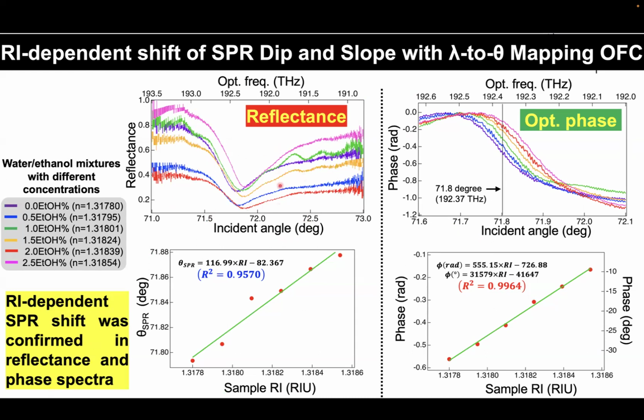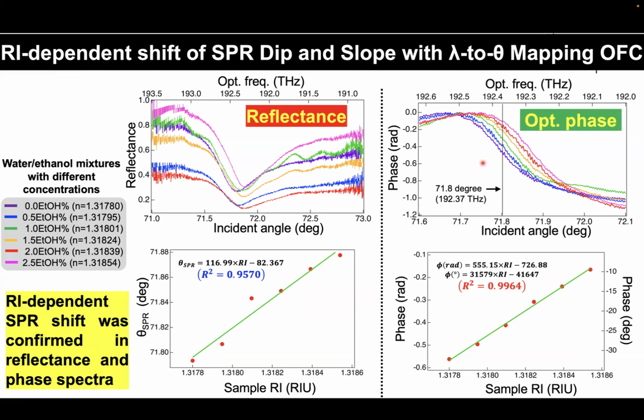Although we confirm the RI-dependent shift of the SPR dip, the depth of the SPR dip and its spectral shape show some variation. The bottom left shows theta SPR with respect to the sample RI, indicated by the red plot. We confirm the linear relationship between them, but there is some scattering like here.